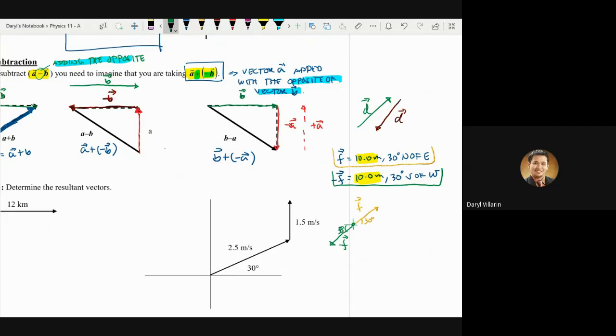Obviously, the negative vector of that one is 10 meters south. But in this particular case, remember, you now have components of your two vectors here, vector f and the negative vector f. So how would you change the direction? If you can see, that is just opposite. The opposite of north is south. The opposite of east is west. And yeah, you get the negative vector there.